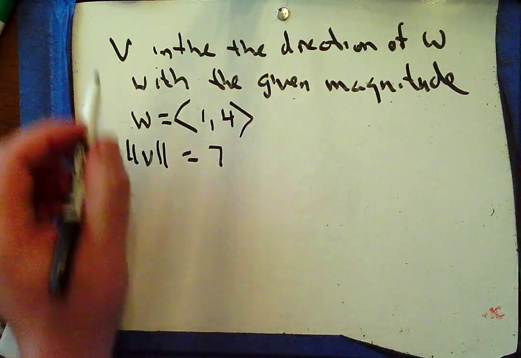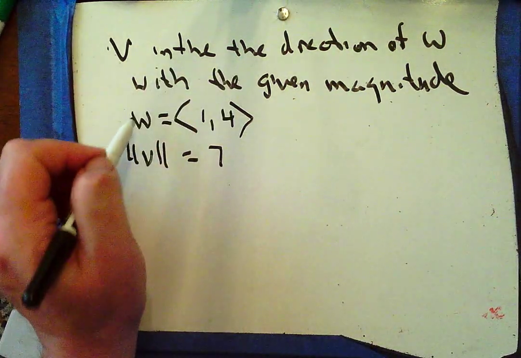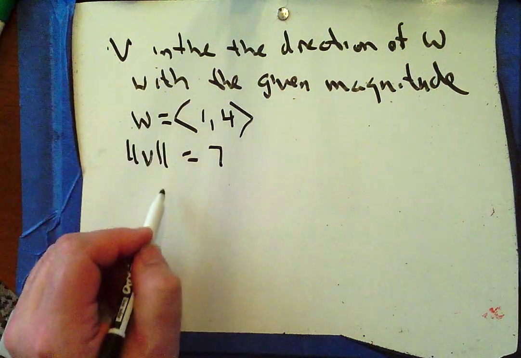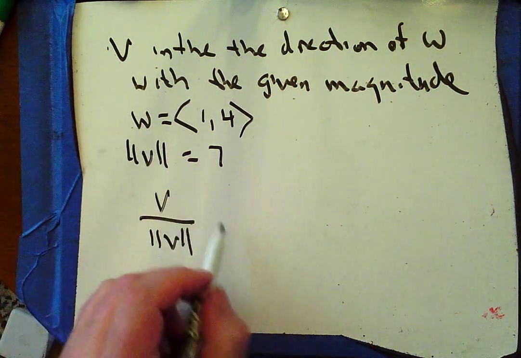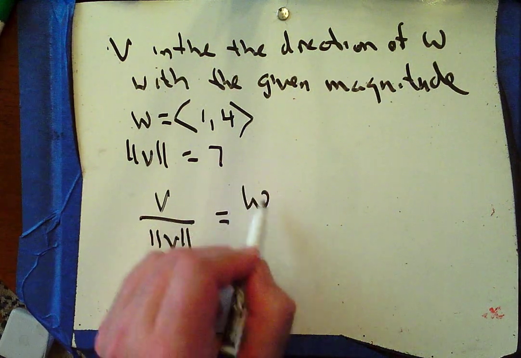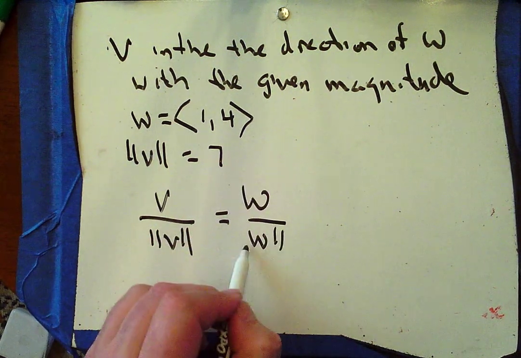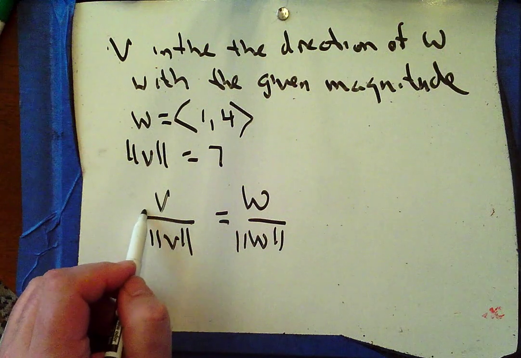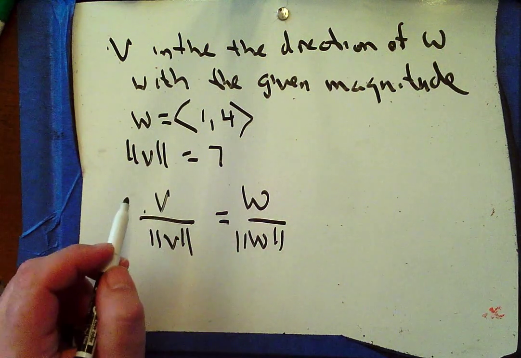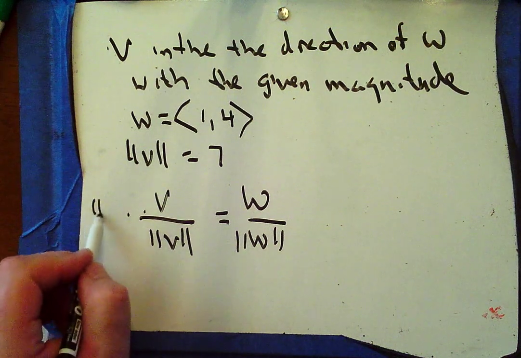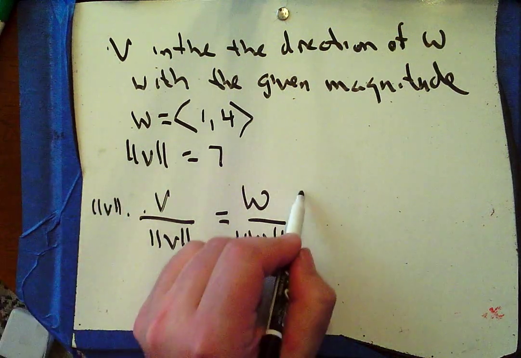So I'm looking for v in the direction of w. We said in the last video that equivalent vectors could be written this way. But we want v in the direction of this equivalent vector, so we're going to multiply both sides by the magnitude of v.